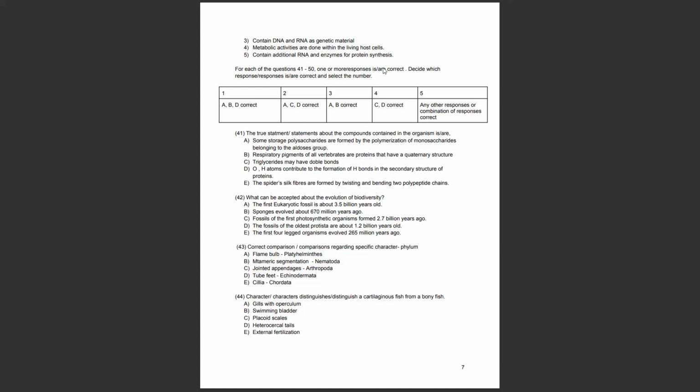Right. Now, statement questions. 41. The true statement or statements about the compounds contained in the organism is or are. Part A. Some storage polysaccharides are formed by the polymerization of monosaccharides belonging to the aldoses group.